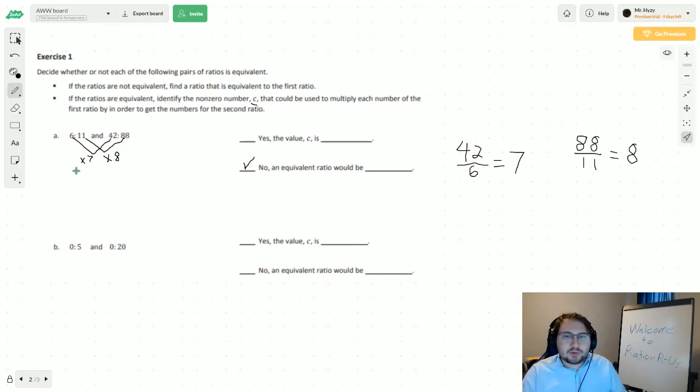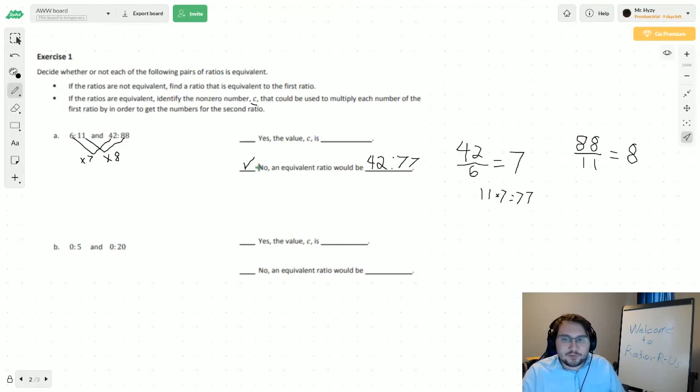Well, I like what we were doing with the number 7 over here. So we already know that 6 times 7 gives us 42. So we know that our first number is going to be 42. Now we need to take 11 and multiply it by 7 to find out what the actual equivalent ratio would be. 11 times 7 gives us 77.